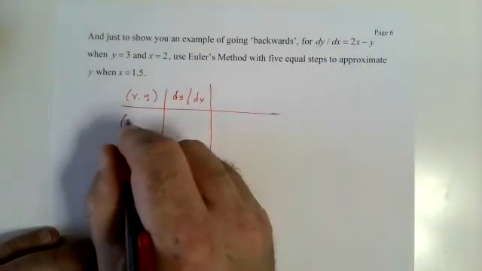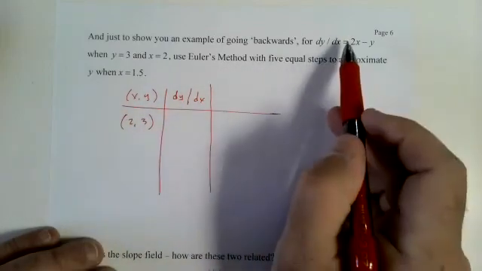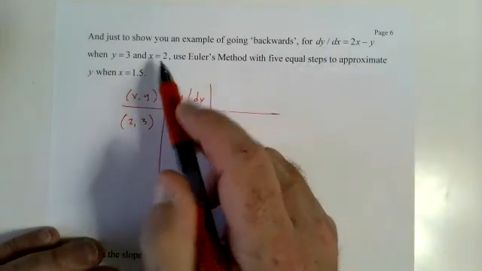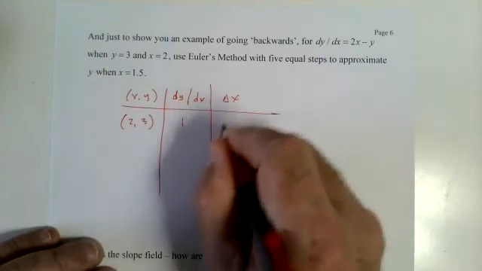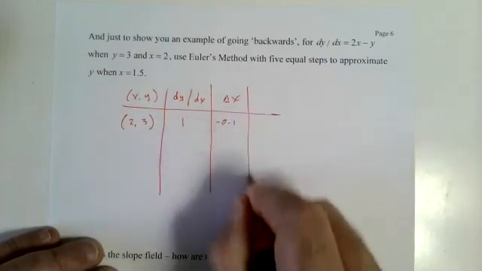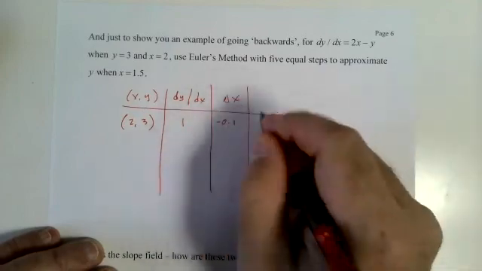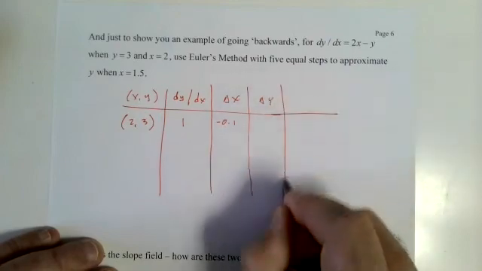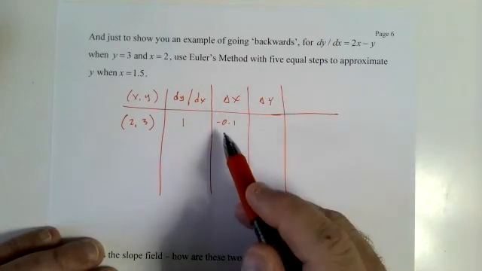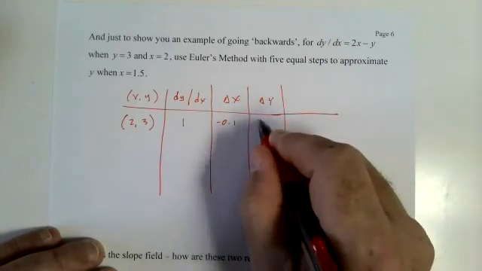So the first point is (2, 3). 2 times 2 is 4, minus 3 is 1. And then your delta x would be negative 0.1. Multiply to get your delta y. And that is a 2.9.